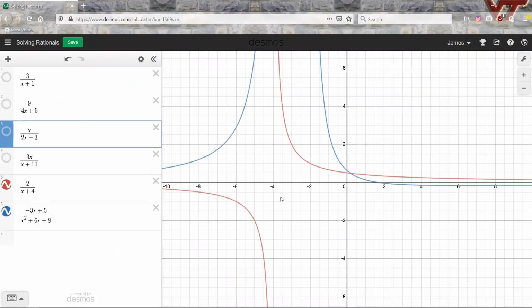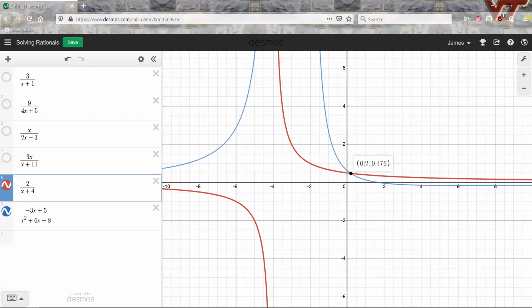And you see right here, this is our one solution, and I'll highlight that, so you see 0.2, also known as 1/5. That's our one solution, and you see here, at -4, they're not going to intersect. There's an asymptote here, so there's no solution. The only solution that we have is right here at that one point, okay?